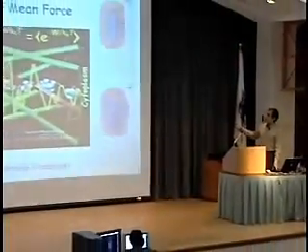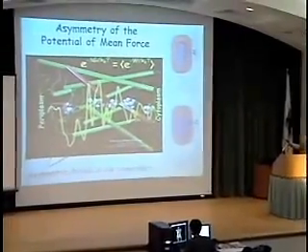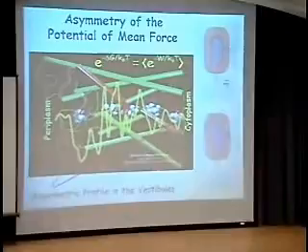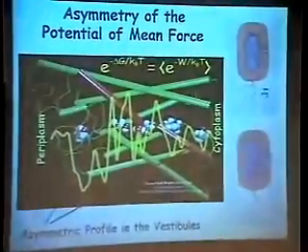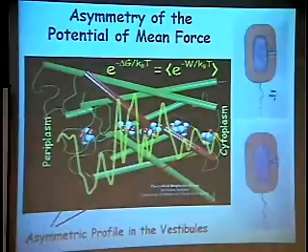So let's see if we can relate this to the physiology of the system. We can say in a very, very schematic view that if you have an attractive region outside the cell where glycerol is present, compared to the situation in which you don't have this attractive region for glycerol, then in this case, glycerol might simply pass, and in this case, it might get attracted to this attractive well here, and then there is a better chance for glycerol to pass the channel.